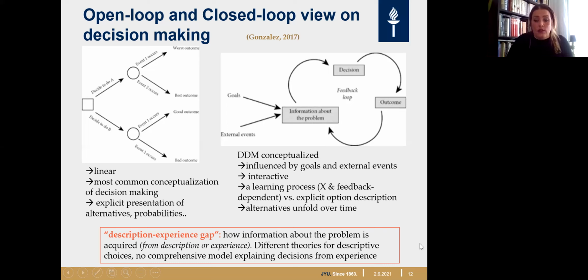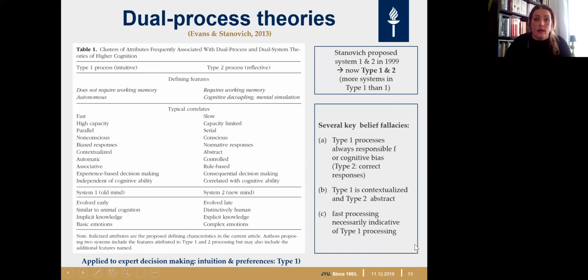Later on in this tutorial, I present fuzzy trace theory, which is one alternative for the decision-making process explicated from the view of closed loop. So there are many dual process theories.